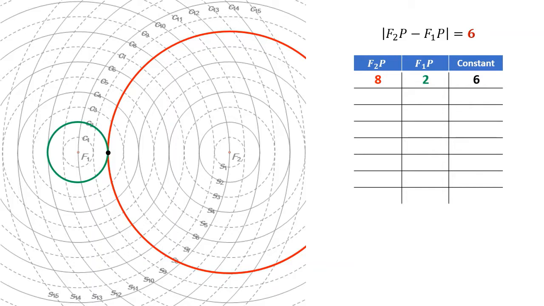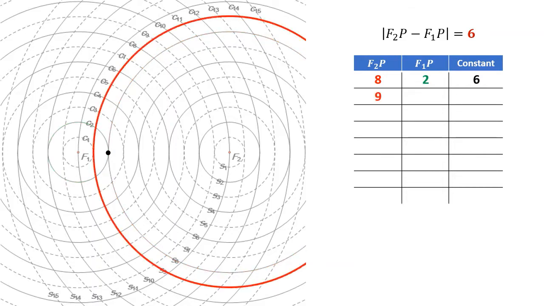All right, so now let's think about where we should go next. I'm going to make the distance between point P and F2 9. So now I know that point is definitely on that red circle, because everything on that circle is 9 units away from F2. And if I want the difference to be 6, then I'm going to use circle C3.